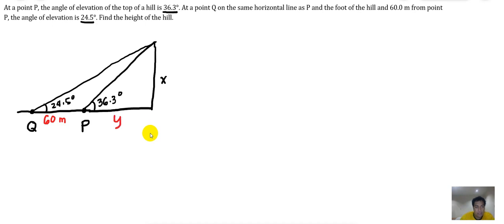Basically we are only looking for the value of x because we are finding the height of the hill, but apparently there is another variable y that we need to solve. Okay, so there are two right triangles in this case: the bigger right triangle, this one, and the smaller right triangle.